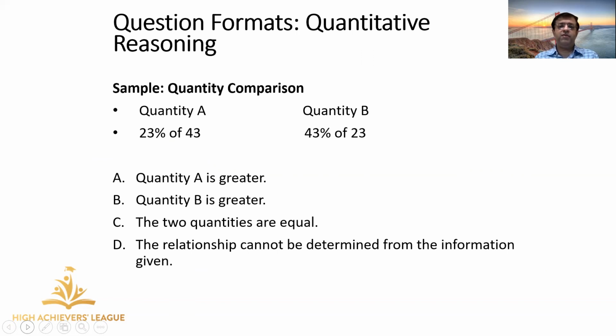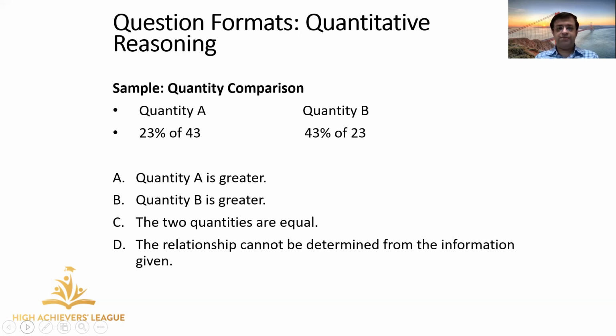In a quantitative comparison question, you are always given four answer choices: A, B, C, and D. If quantity A is bigger than quantity B, you always select answer choice A. If quantity B is bigger than quantity A, then you select answer choice B. If the two quantities are equal, you select answer choice C. And if the relationship cannot be determined from the information given, then you select answer choice D.